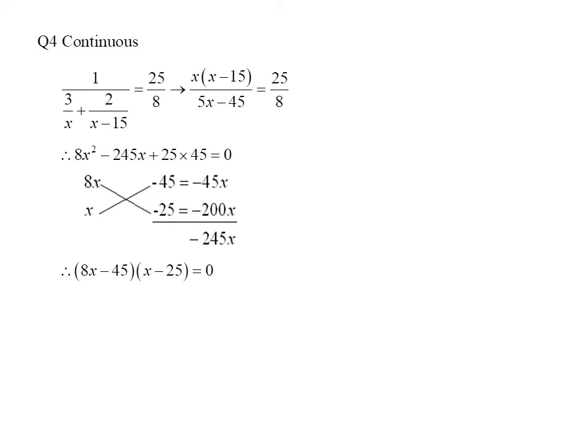After being factorized, the roots of the equation can be obtained. x1 equals 45 over 8 days, while x2 equals 25 days. Since 45 over 8 is less than 15, the solution here is that it takes 25 days for one apprentice to finish the job alone.